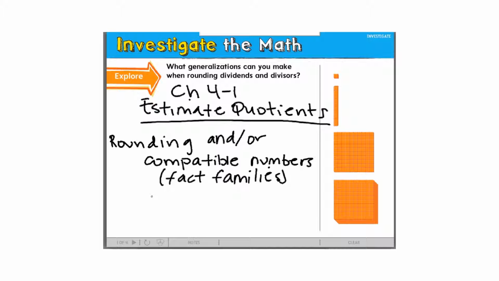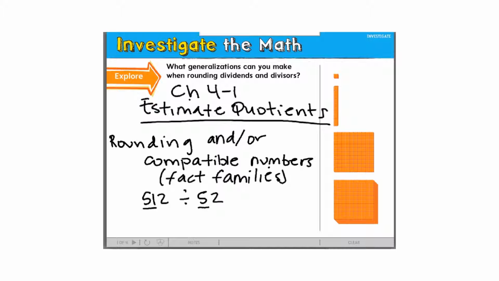So here's your first example. 512 divided by 52. We've done this before. We're finding an estimate of this question. We're going to take the first digit of the divisor, which would be this number, and we're going to take the first couple of digits of the dividend, and we're going to see how we can make those into fact families.